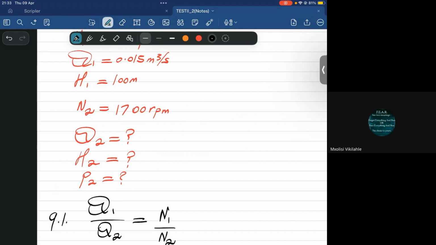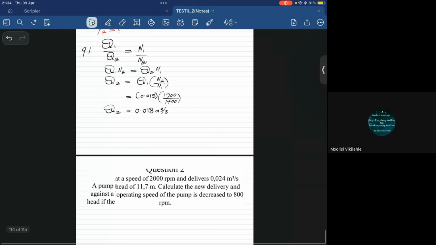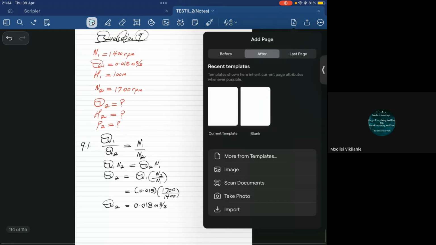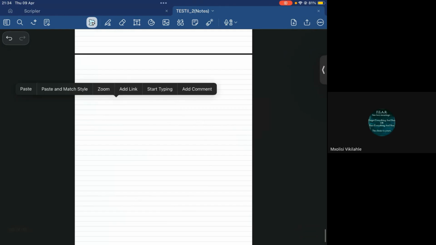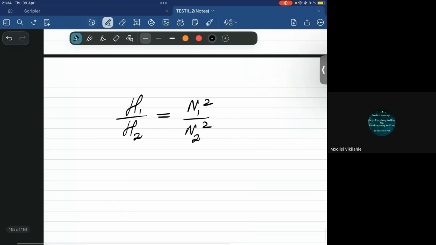So here, since the diameter is constant, H1 per H2 will be equal to N1 squared per N2 squared. So we'll use this formula. This is 9.2.